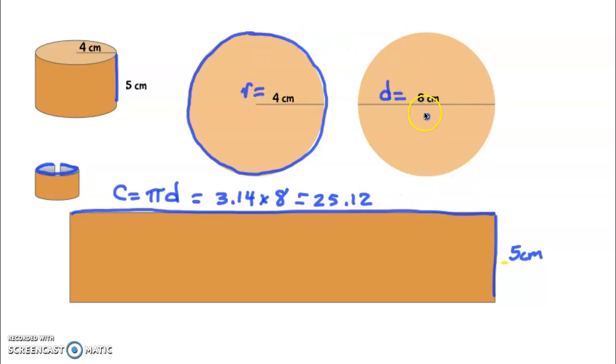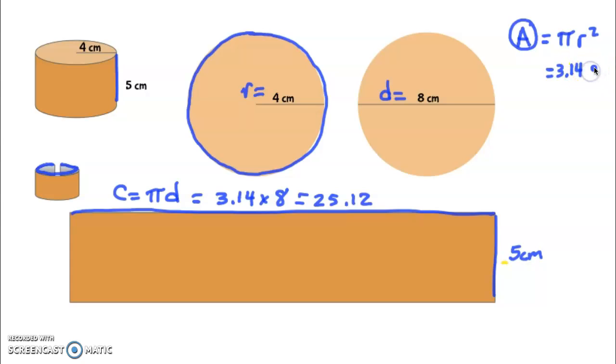Now that we've got all of these different dimensions labeled, let's find the area. So we have these two circles and they're exactly the same. So to find the area of one circle, we're going to do pi r squared. And remember, that's radius times radius. So we can use 3.14 for this one, times radius squared. So let's remember to use the radius, not the diameter.